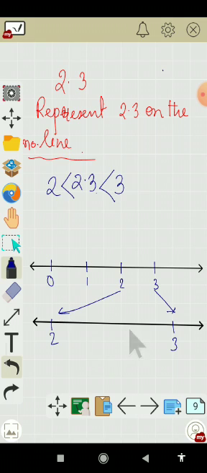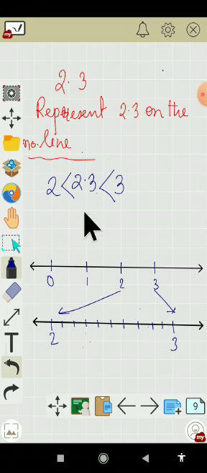Now take the length between 2 and 3 and divide it into 10 equal parts. If you want to divide it into 10 equal parts, you need to mark 9 points at equal distances. So 1, 2, 3, 4, 5, 6, 7, 8, 9. I have written 9 equal points here, which makes this length into 10 equal parts.